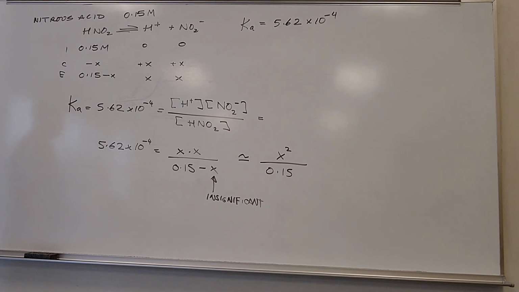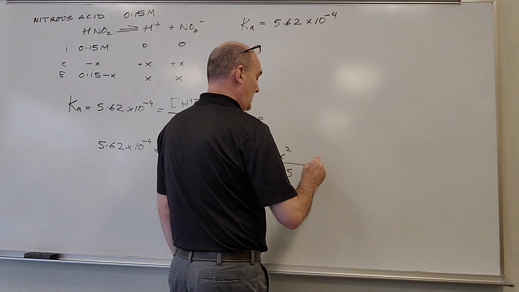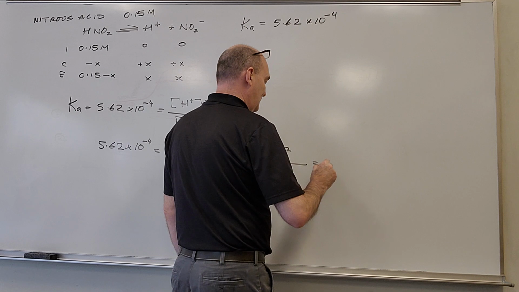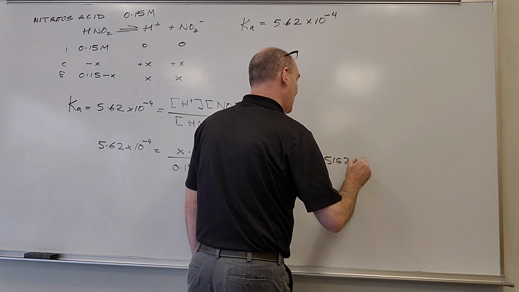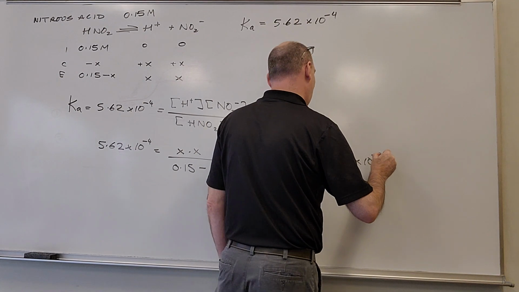Probably not true. But it does make X squared over 0.15 equal to 5.62 times 10 to the negative 4.